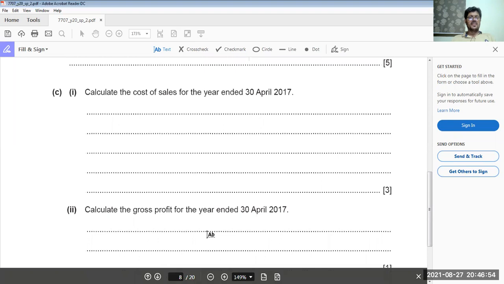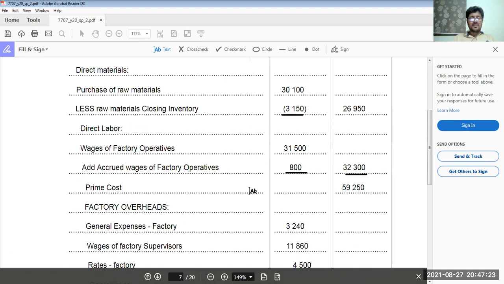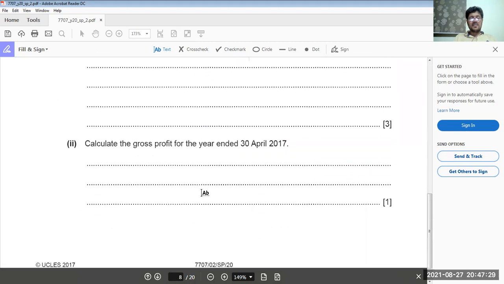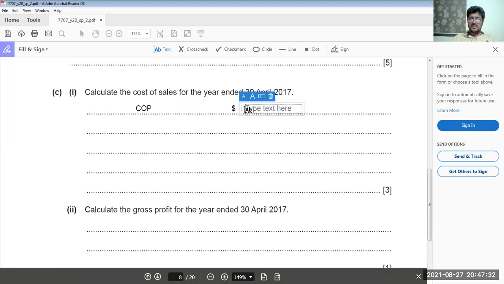Now, part C. Calculate the cost of sales for the year ended 31st. It's very easy. Because she has started her business, cost of production, COP, I'll call it. How much have we calculated for cost of production? We calculated it in the previous section. 83,200 cost of production.